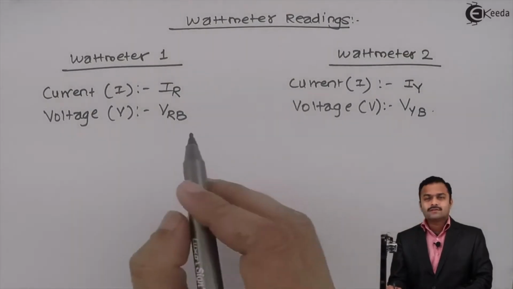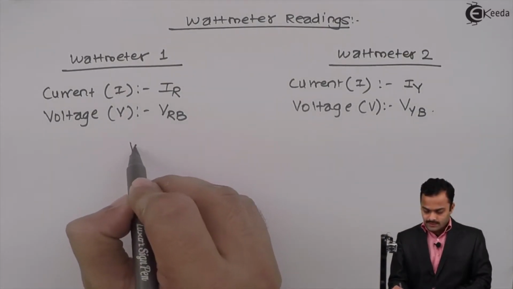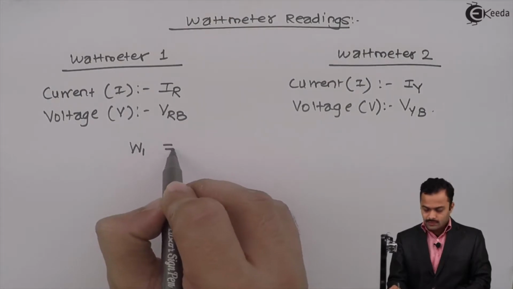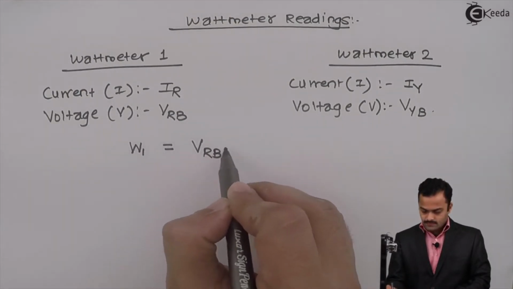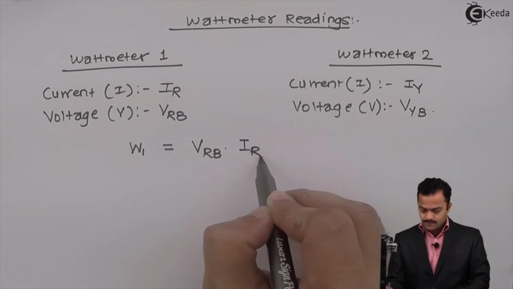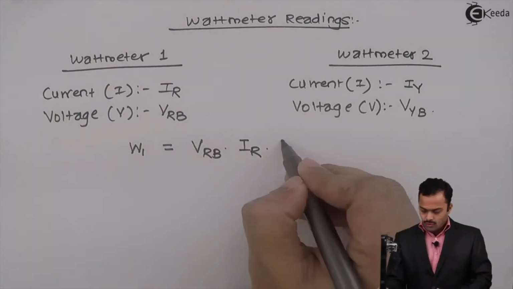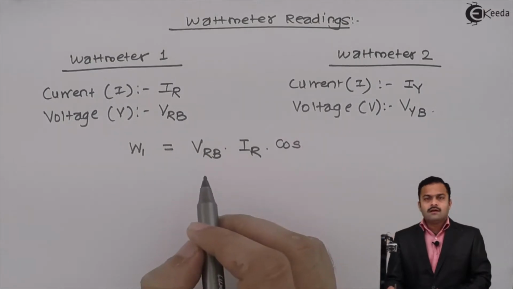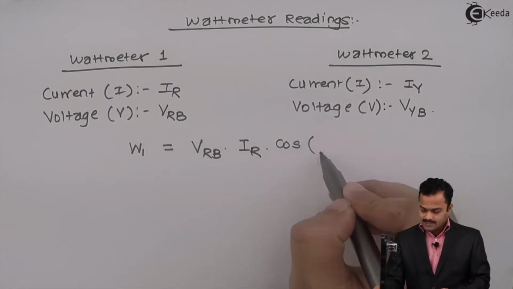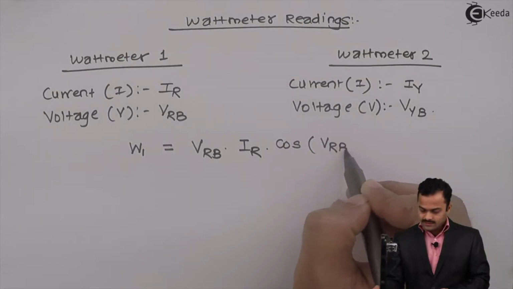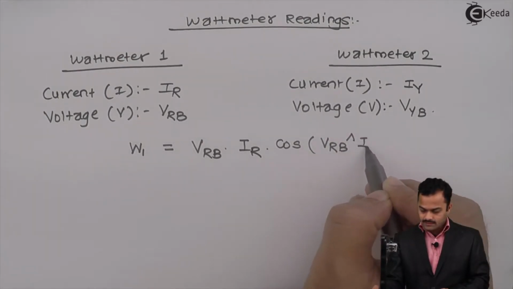Now, based on this, the wattmeter 1 reading, which I will denote as W1, will be voltage multiplied by current multiplied by cos of the angle between voltage and current measured. So I will represent that like this, VRB angle IR.